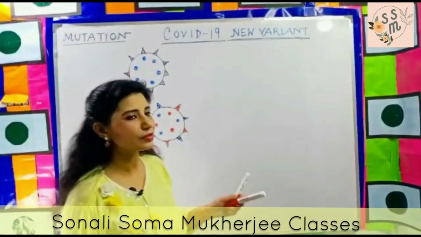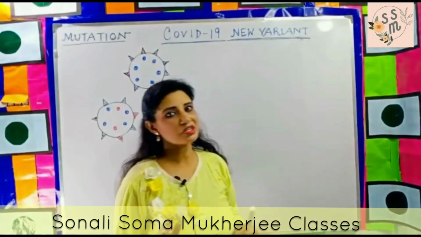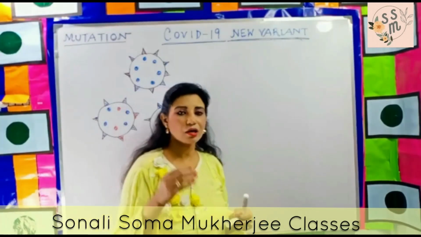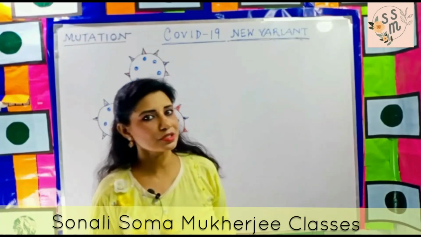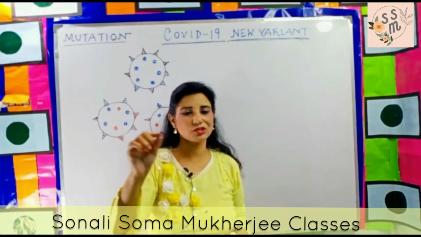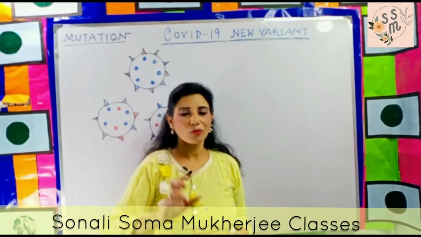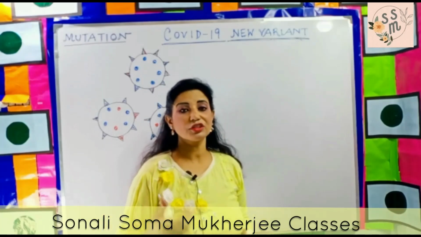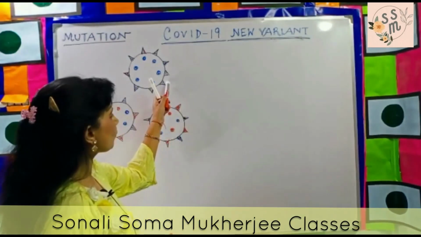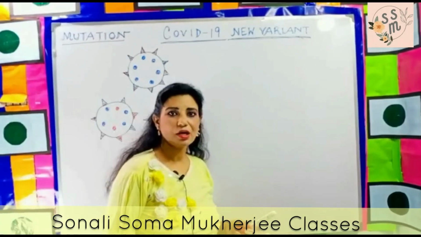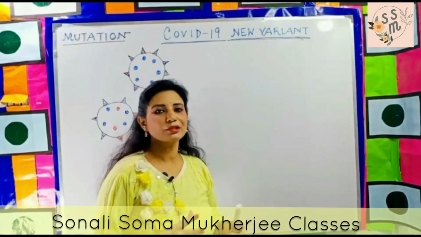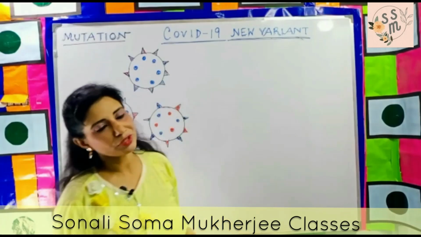What I am focused on right now is the new variants, how the new variants have arisen. Now as I said, it's all due to mutation, and mutations are small changes that take place in the genetic sequence, as I have shown you earlier. The slightest change can alter, or it can encode, a different coat protein, that is the spike protein. Henceforth, when these spike proteins have a different look, they look like a new strain or a new variant of the virus.